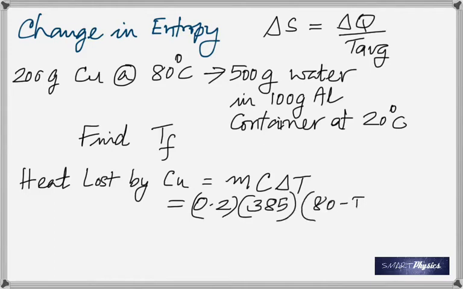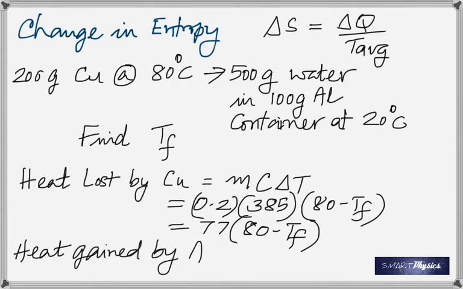Change in temperature is 80 minus TF. The important thing here is you always have to put the higher temperature first. Right? It's cooling, so it's going from 80 to TF. Therefore, it's 80 minus TF. When you do that, I just multiplied these two numbers first. I got 77, and then it's 80 minus TF.